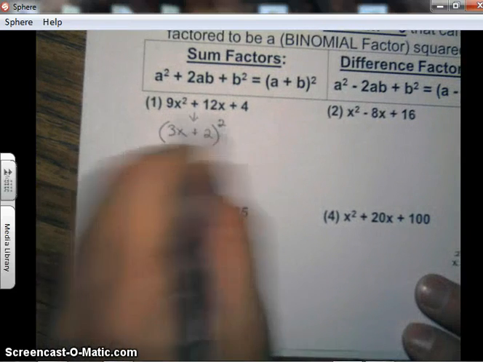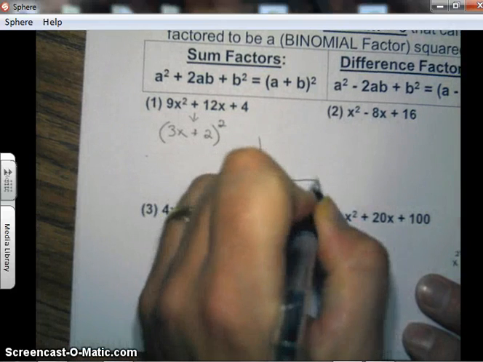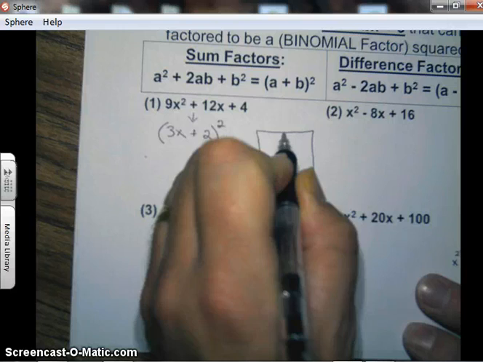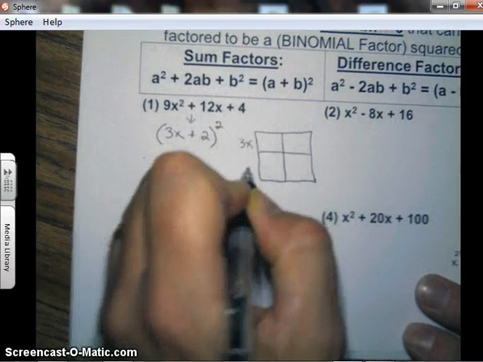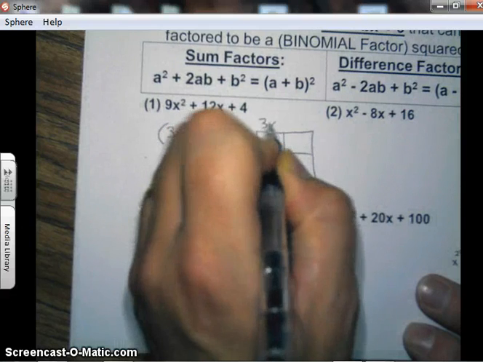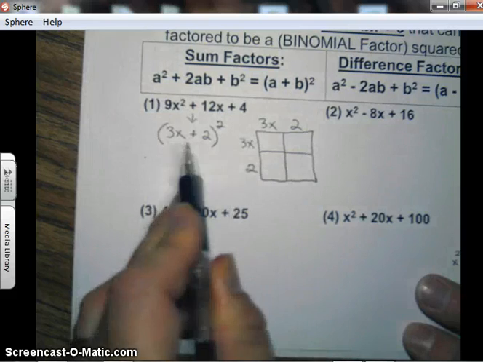Remember that this is the same thing as, let's check our answer, 3x plus 2 times 3x plus 2. Squaring is multiplying something times itself.